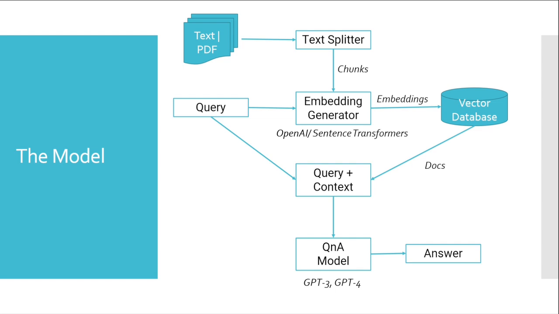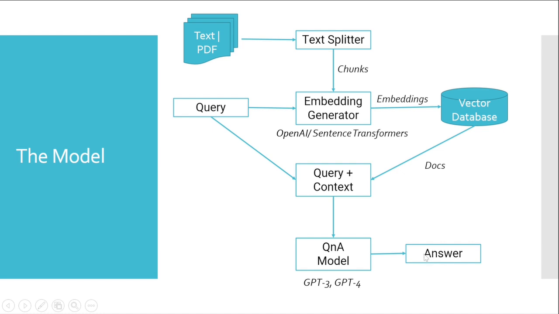Now whenever there is a query to the database, it will go through the embedding generator, and when the question is asked using the Q&A model, it will not be answered by the normal GPT-3 or GPT-4, but instead it will take this vector database into context, and the answer will be provided.